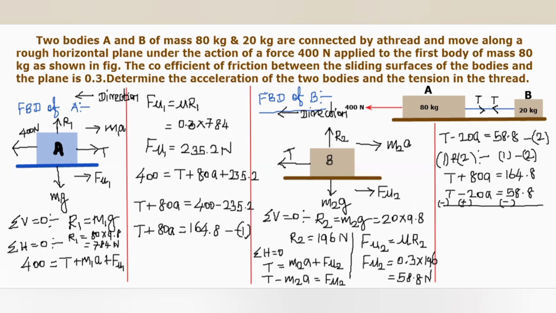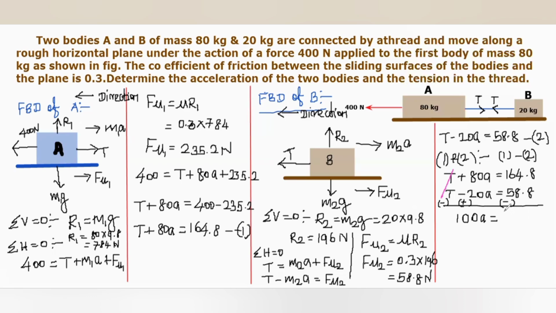So here the plus T and then the minus T both cancel each other. Then 80A plus 20A, we will get 100A, that equals 164.8 minus 58.8.